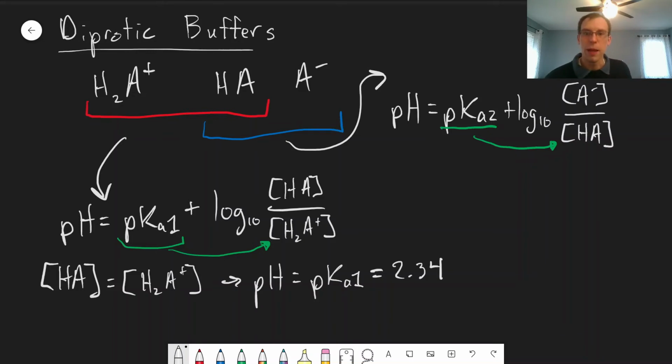So a buffer made of H2A+ and HA would have its maximum buffering capacity at a pH of 2.34, whereas pKa2 is 9.87. So the second buffer system, composed of HA and A-, would have a pH much higher.